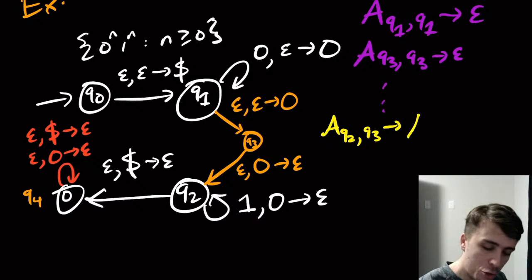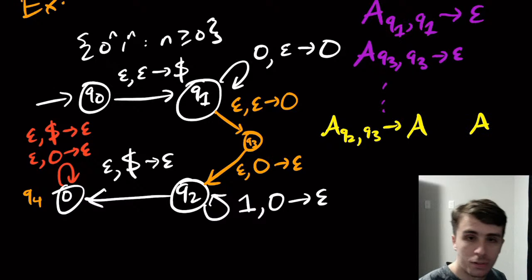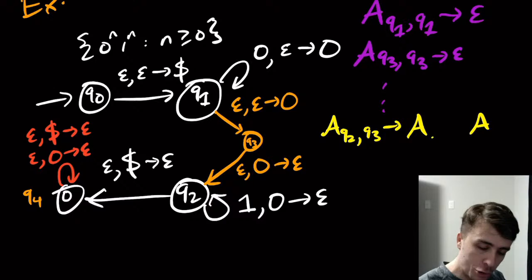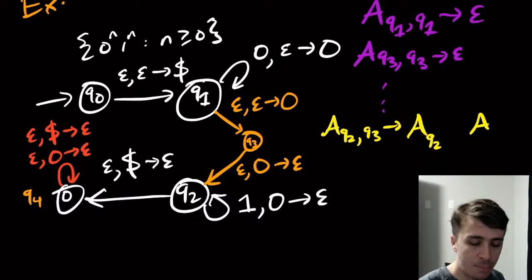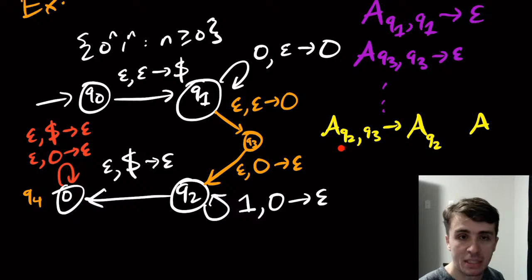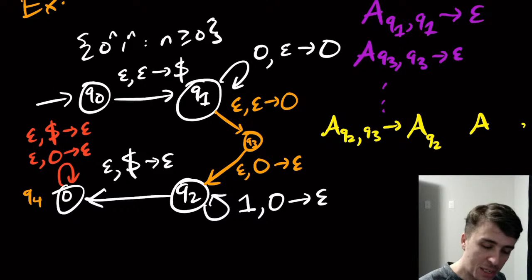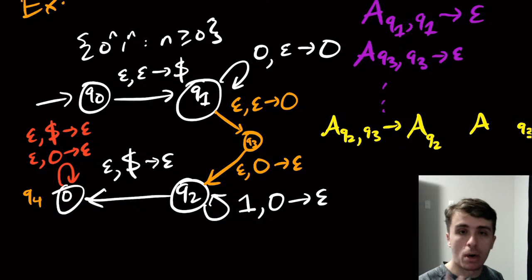I have to have two variables of the form A here. The first subscript of the left variable on this side has to be exactly the same as this subscript. And the second subscript of the second variable has to be the same as this one, because it's representing where I'm going from and where I'm going to.